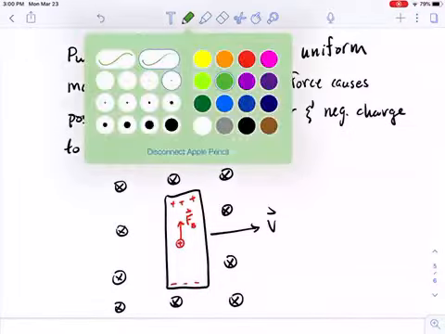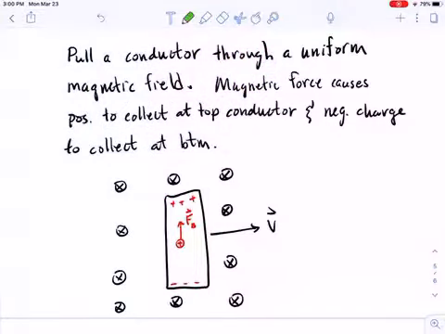But now we're going to get an electric field inside our conductor. I'll draw it outside to save some space, but there's an electric field inside our conductor that points from the positive to the negative charge, and so that establishes an electric force on this charge Q that's inside our conductor. And once again, we're going to look for an equilibrium condition in which this magnetic and electric force balance each other out.